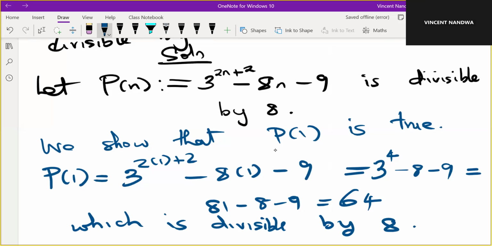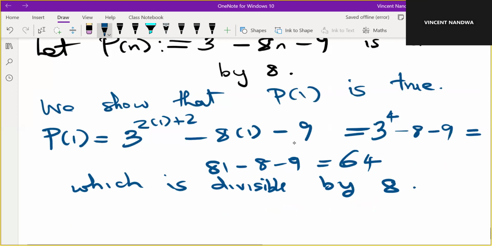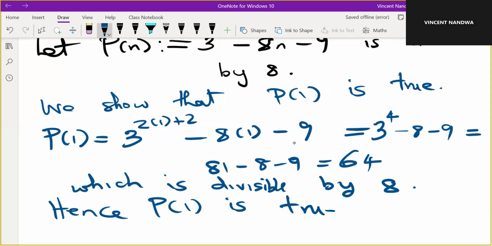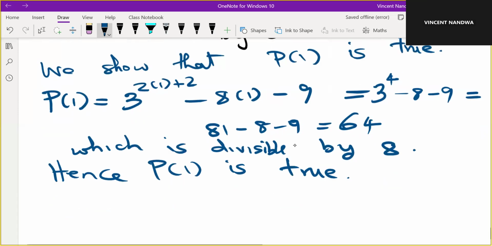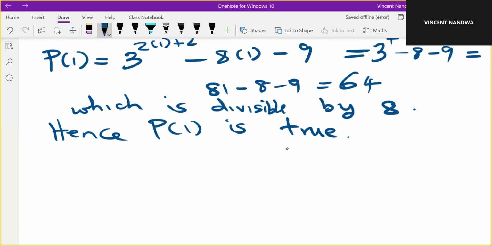So P(1) is correct, okay? Hence, P(1) is true. So we are done with the basic step. So what is the next step?